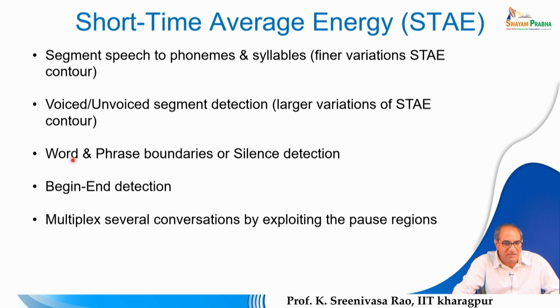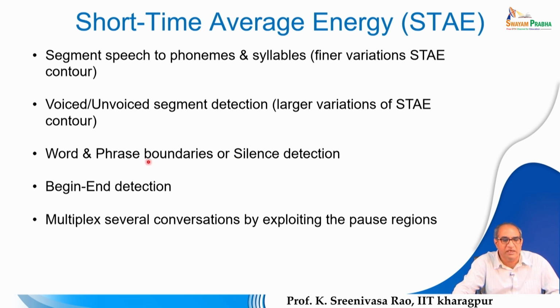Word and phrase boundary or silence detection is based on the fact that in speech we cannot speak continuously. When speaking, we leave pauses after certain words or after a phrase, so that it is intelligible and the intended listener can properly understand the message.